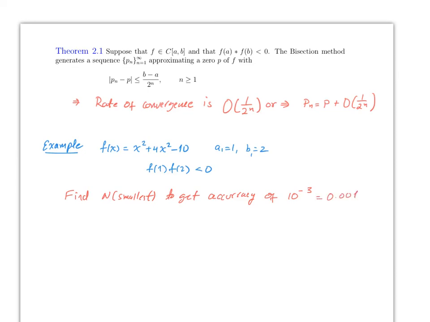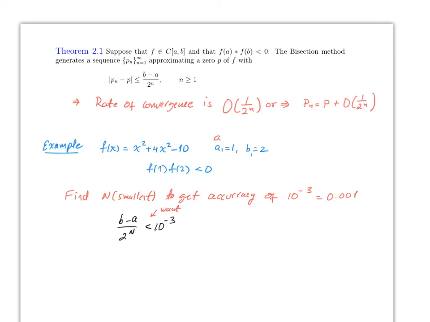All right, so if we use this bound, we get that (b minus a) over 2 to the capital N, you want it to be less than 10 to the negative 3. So this is what you want to happen.